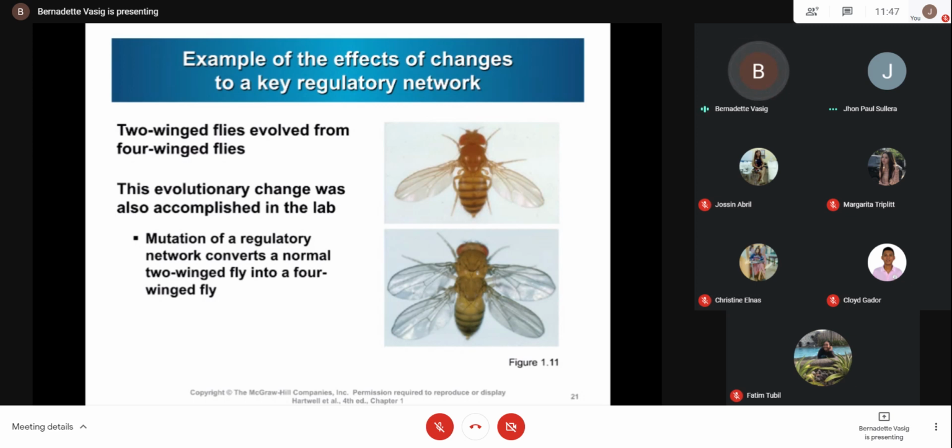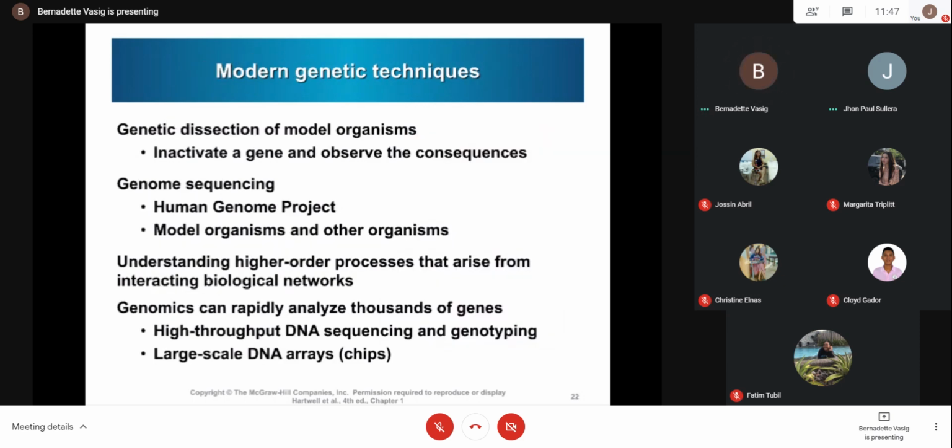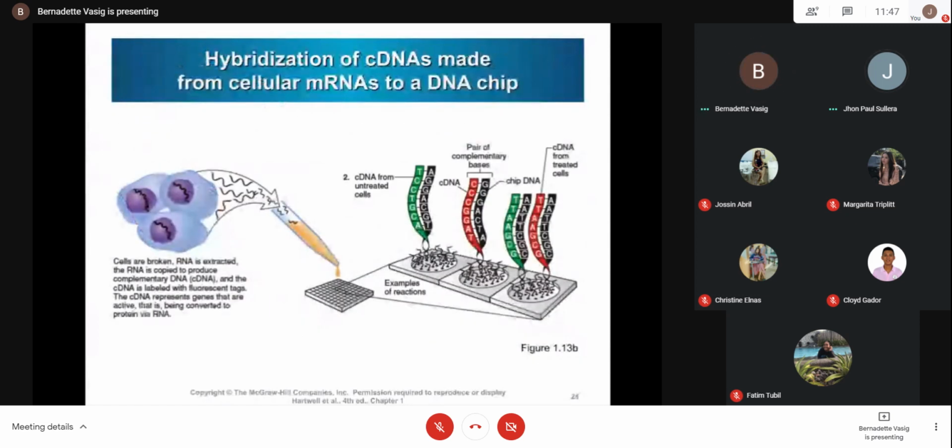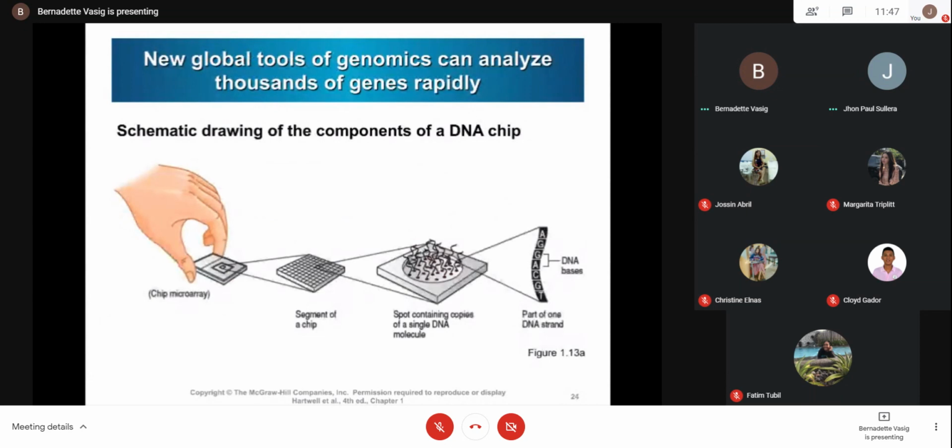There will be topics: we have genotyping, and then HTS or high throughput sequencing, next generation sequencing, and the fourth one is DNA microarray, which is found in Hartwell, also called DNA chip, and then lastly CRISPR-Cas9.